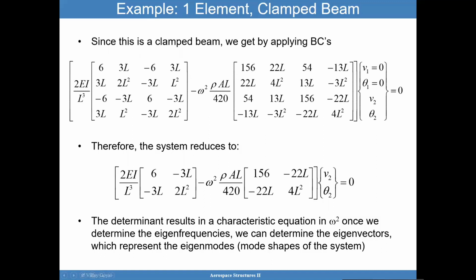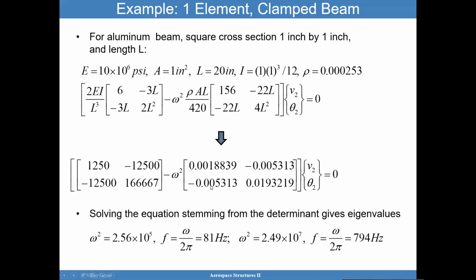You're going to find that the determinant of all of this will give you the characteristic equation we're looking for, so we can solve for omega. Pause the video and go through that yourself, but you're going to find that omega turns into a frequency of 81 hertz and a second frequency of 794 hertz. So very simple process there.